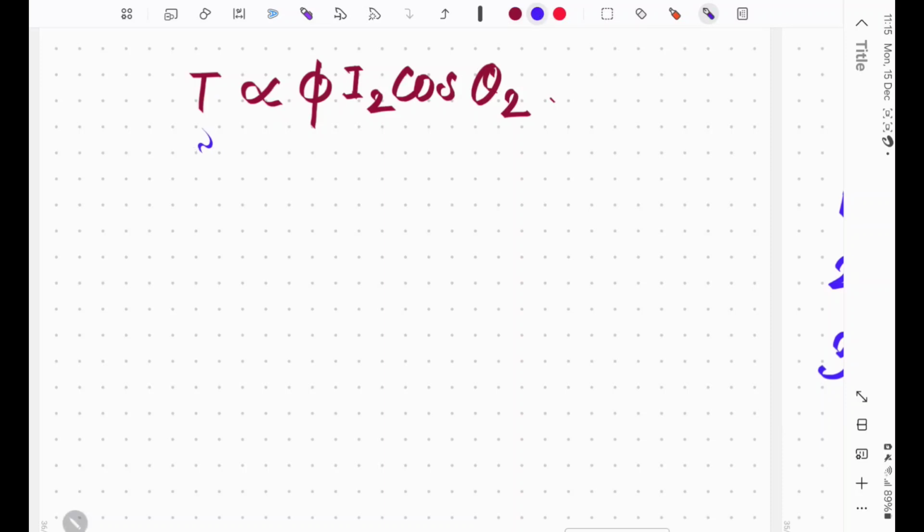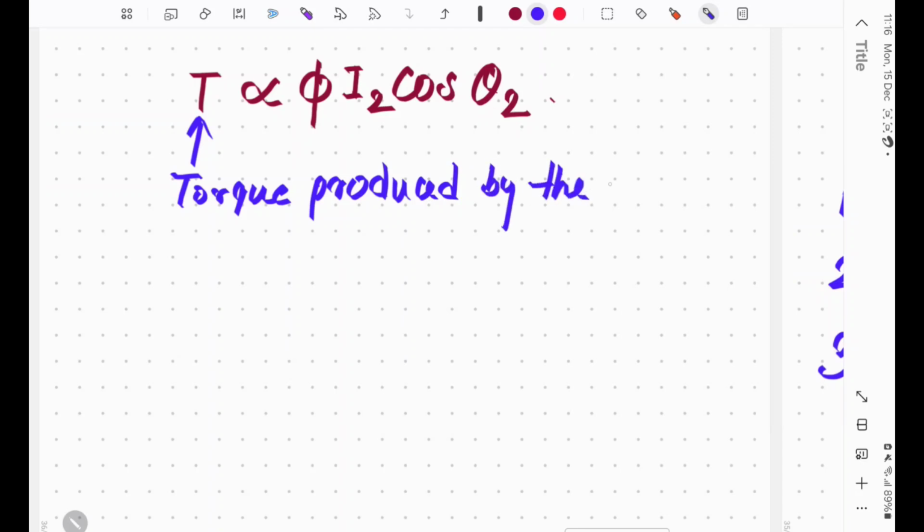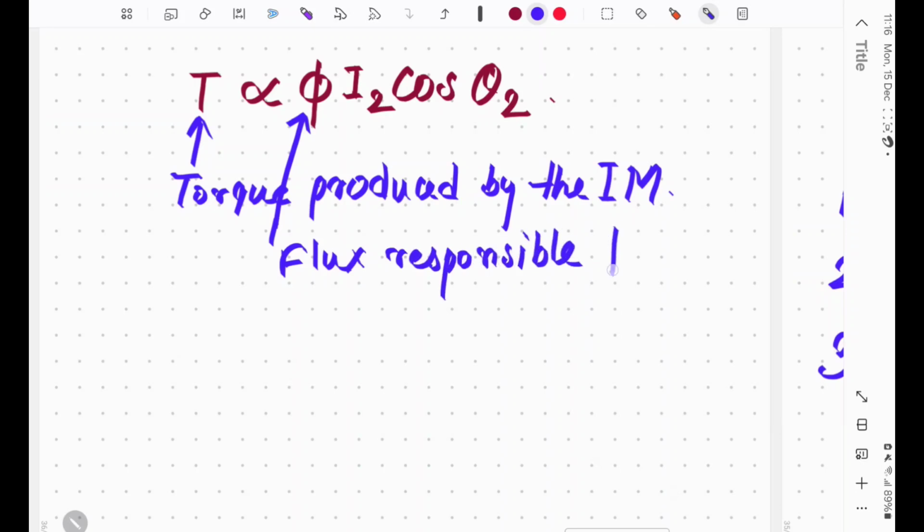Phi is the flux responsible for producing induced EMF.